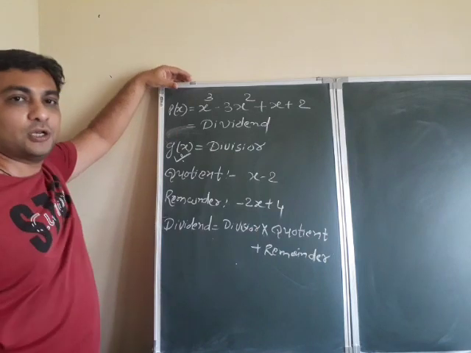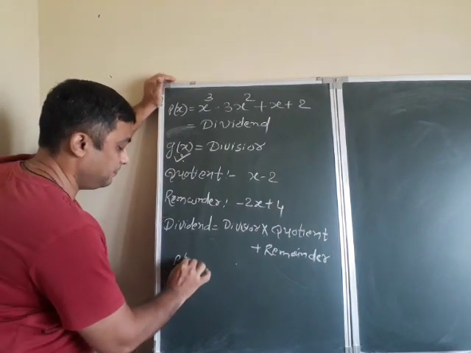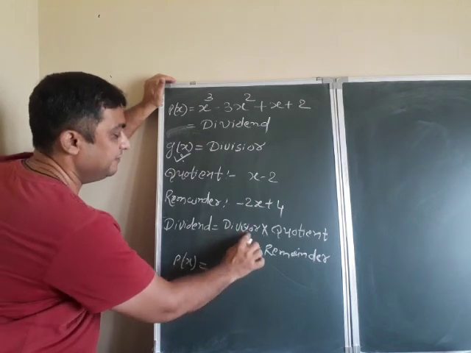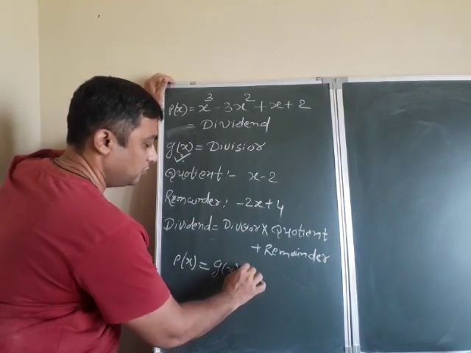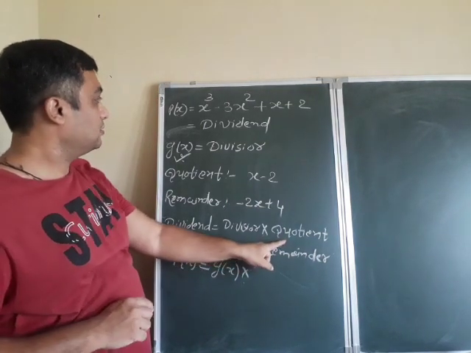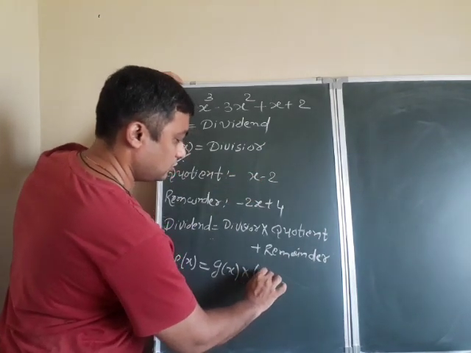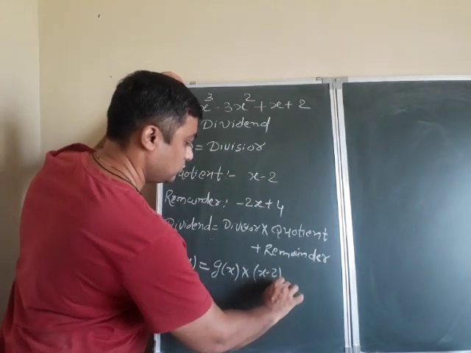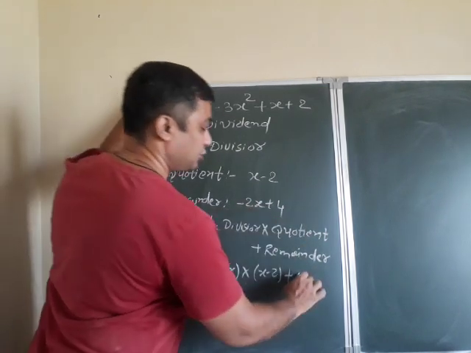We know this formula. Now dividend is given, it is p of x. Divisor is given, it is g of x, multiplied by quotient. What is your quotient? It is given as x minus 2. And plus remainder is given. What is your remainder? It is minus 2x plus 4.